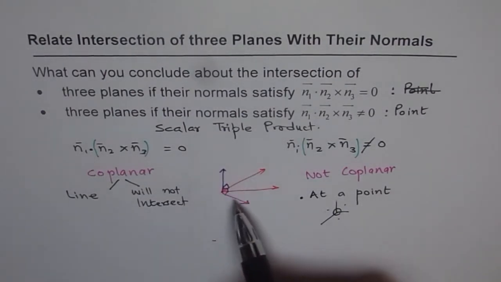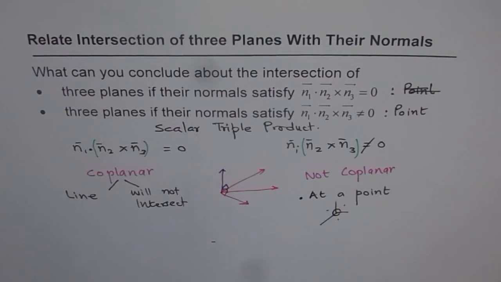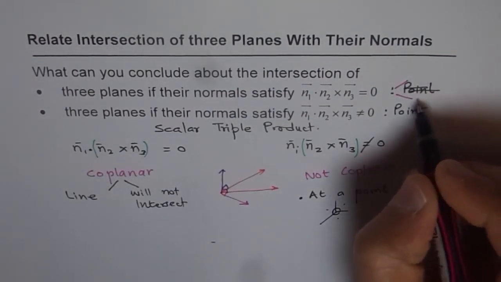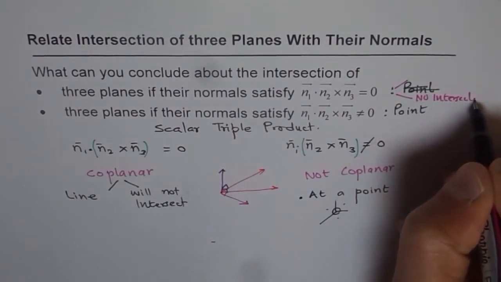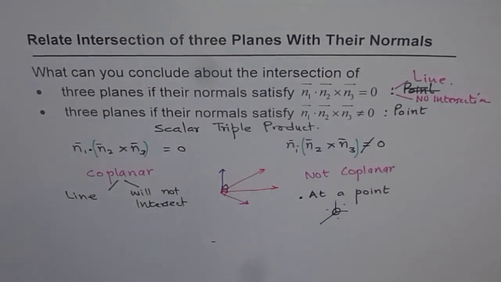So if we have coplanar normals, we get this condition: they intersect in a line or they do not intersect. In this case, we have two conditions, not one. That means no intersection, and the other one is in a line, okay? These are the two ways, and we'll take more videos to get into the details of when they intersect in a line and when they are not intersecting, and having different kinds of intersection, correct?